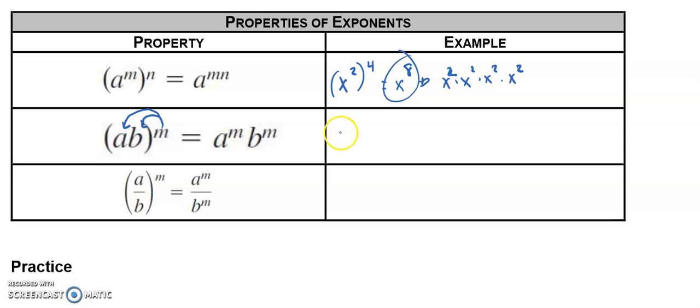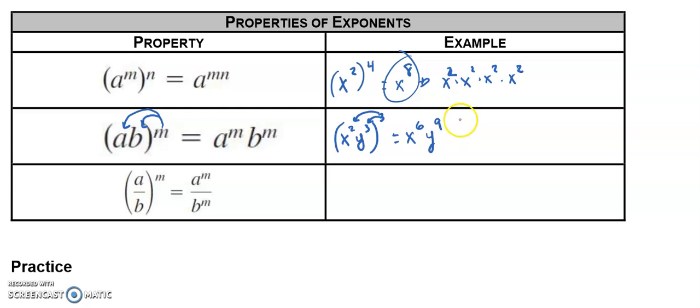So if I have x squared y to the 3rd, and that entire thing is raised to the 3rd power, I'm going to distribute that to each of the exponents inside. That's how I like to think about it. So this would be x to the 3 times 2 is 6, times y to the 3 times 3 gives me 9. Now be really careful with this.